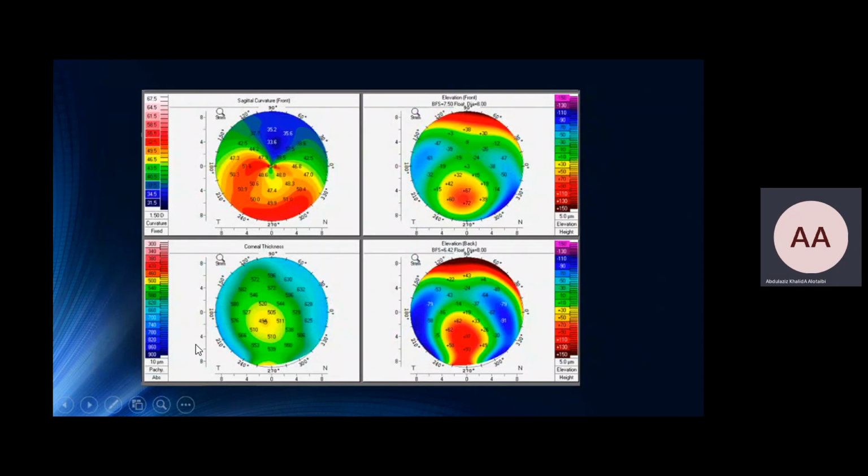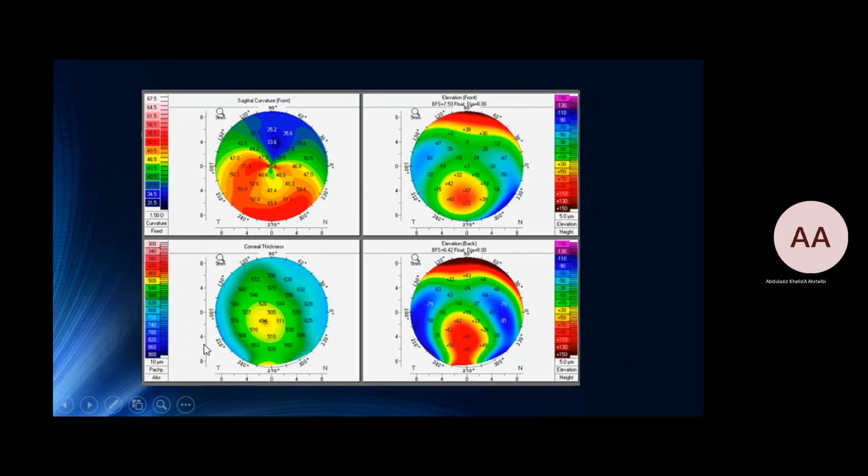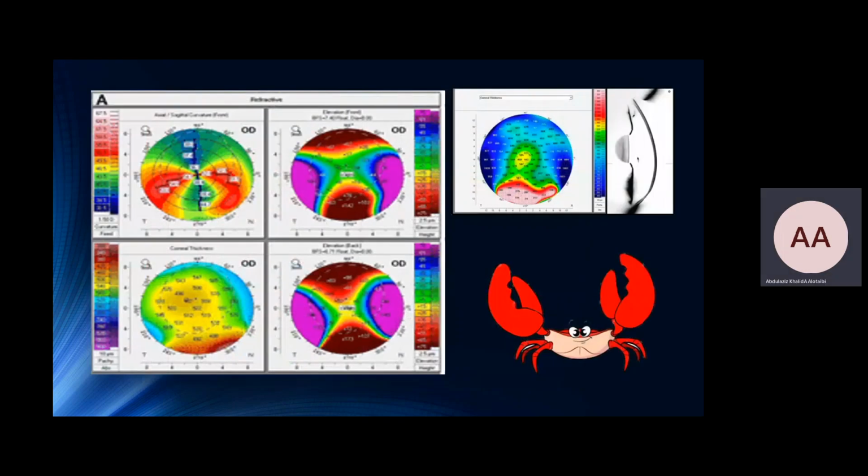This is pellucid-like keratoconus. In keratoconus, usually the maximum elevation and the thinnest location coincide. However, in pellucid, the thinning is usually below the maximum elevation. So remember this, pellucid: below the thinning.